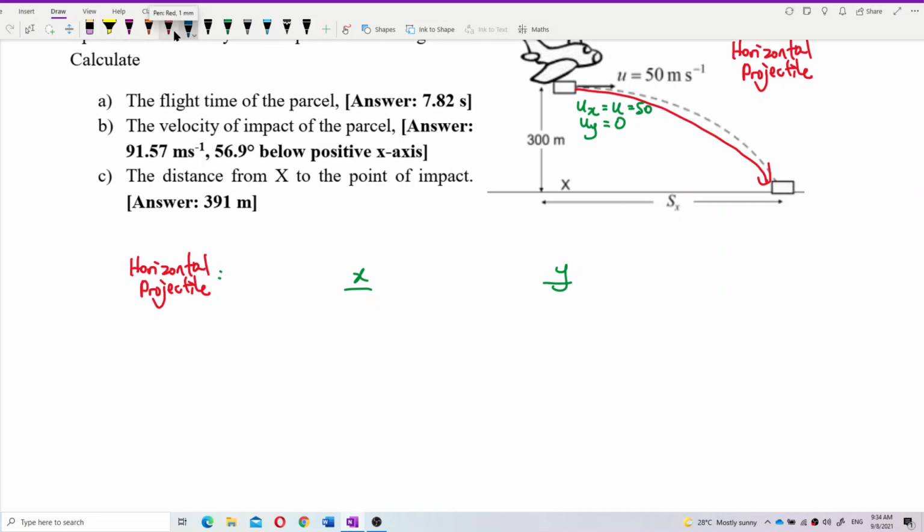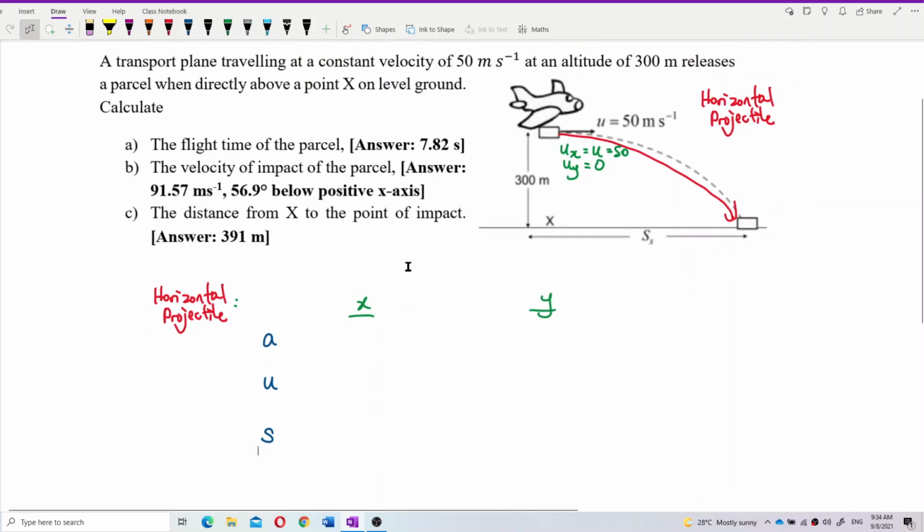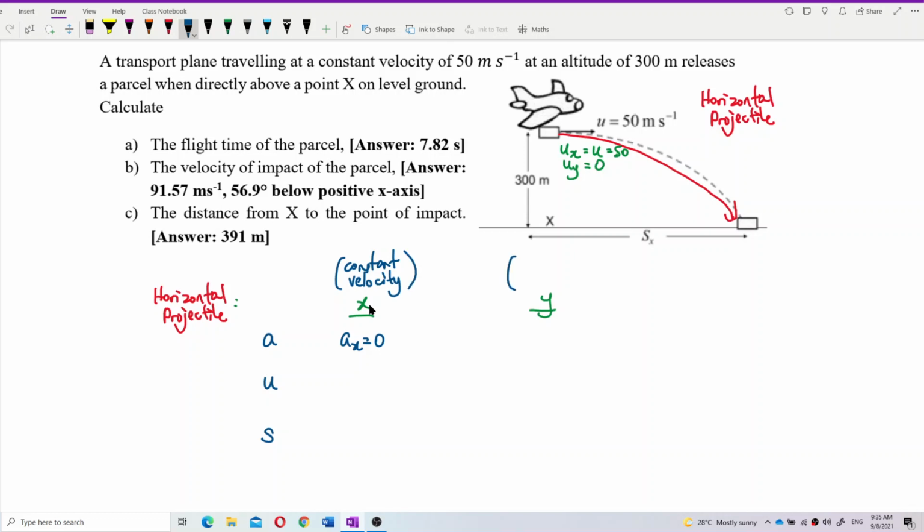When doing a projectile motion question, we can label. Firstly we label the acceleration, and then the initial velocity, and then displacement. Put the values into the table form. Normally for projectile motion, ax is 0 because the x component is a constant velocity, whereas the y component is free-fall motion.